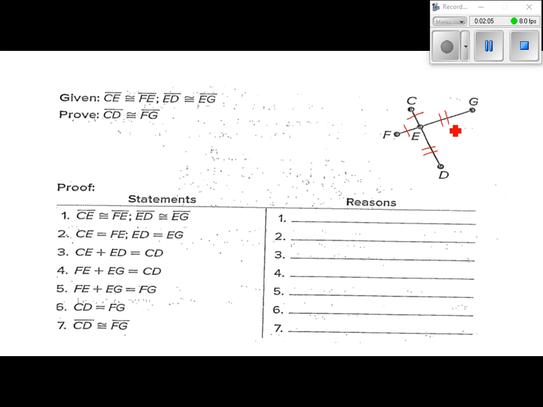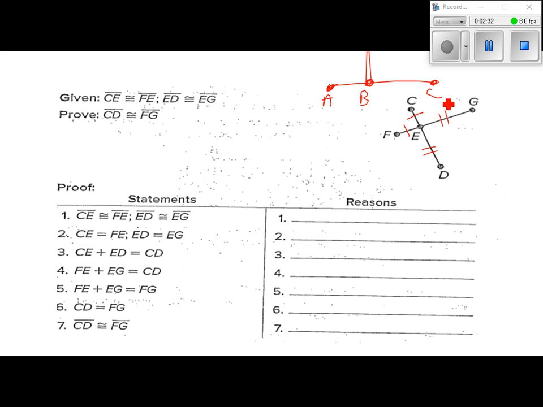As soon as you see a picture that looks like this again, what should you think of? There's two lines. Segment addition postulate. So somewhere in here, we're probably going to use the segment addition postulate.